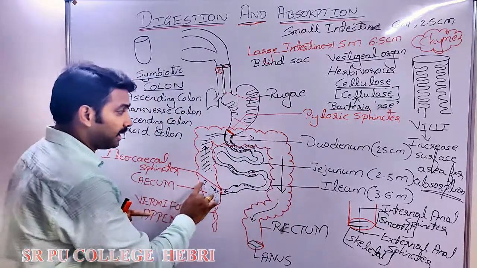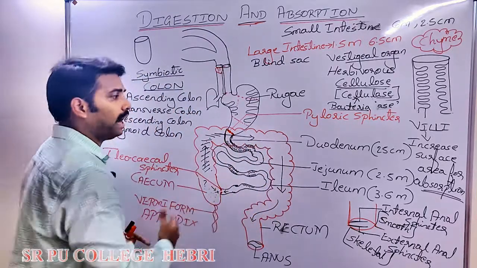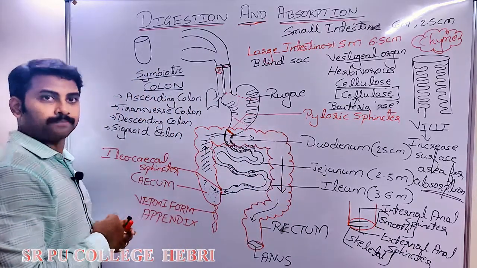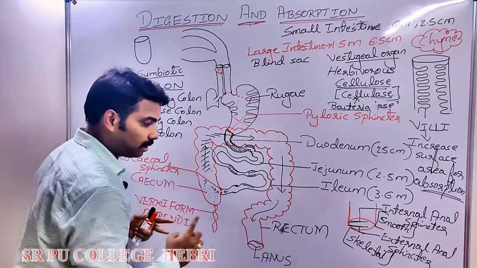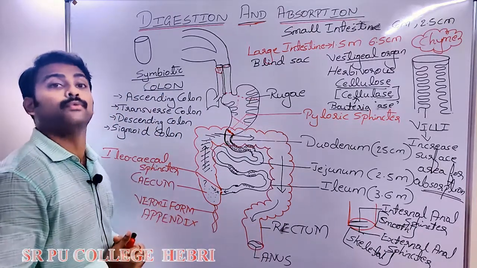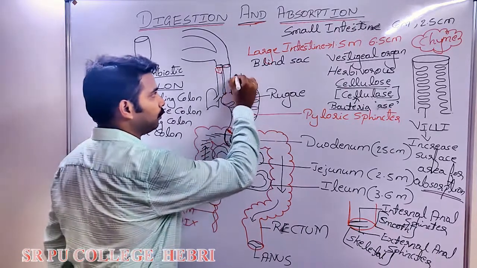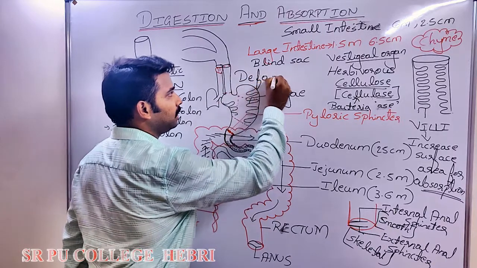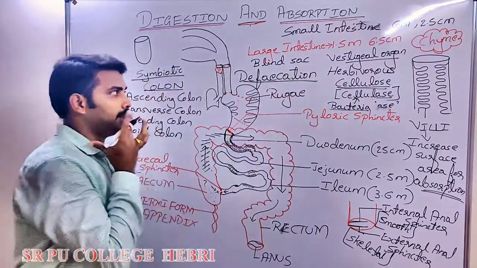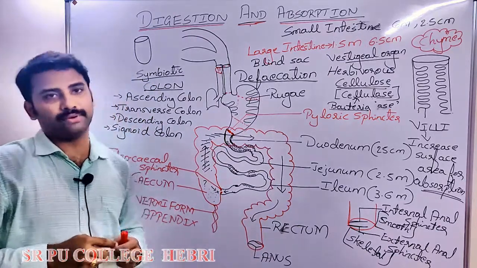It helps in the absorption of the highest water and other vitamins also. Number 3, it helps in the elimination of undigested waste. The process of elimination of undigested waste through the anus is called defecation.